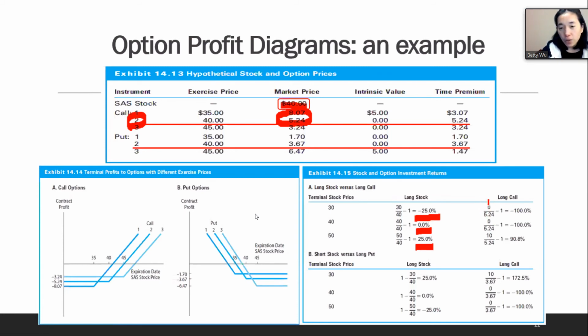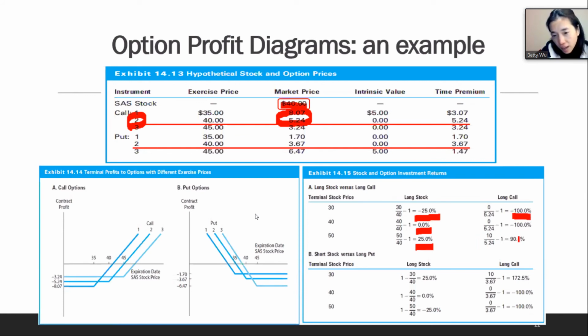You just walk away, and the contract expires at 0. Even if the price remains the same, you're indifferent. You can exercise, you don't have to, but still 0. When the price is higher than the exercise price, it makes sense to exercise your rights. So this 10 is the profit you make.